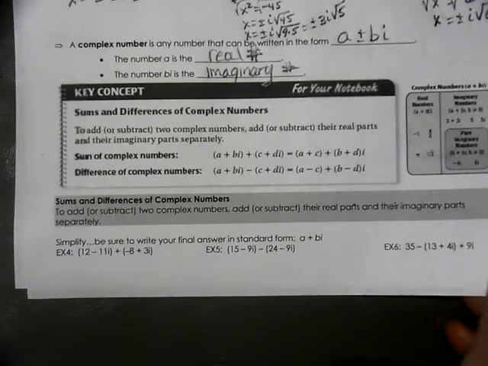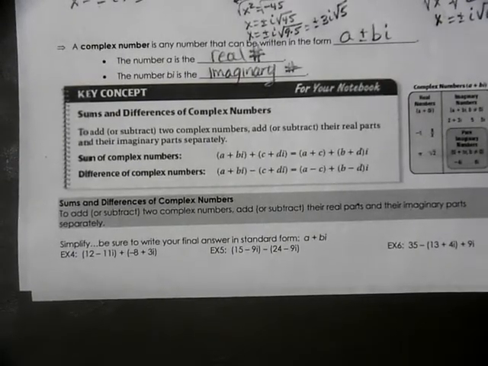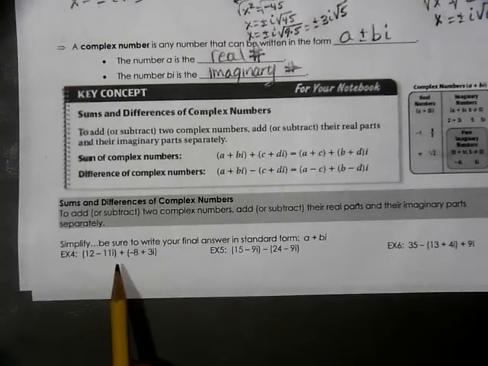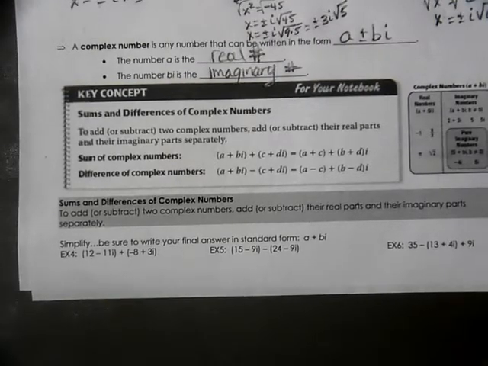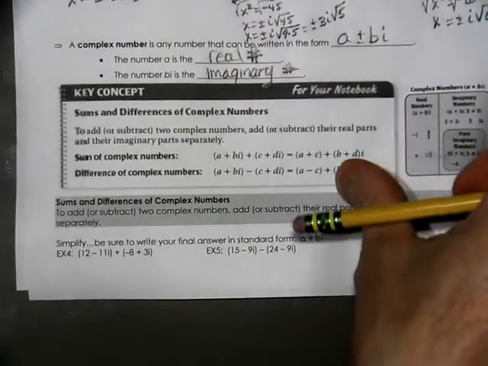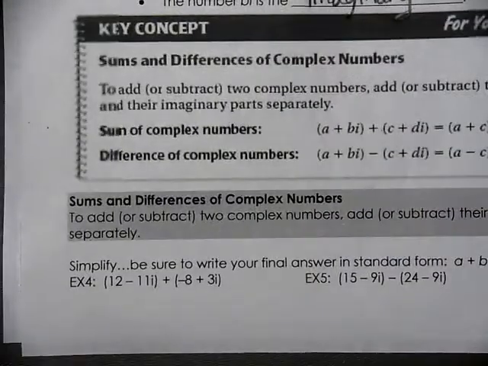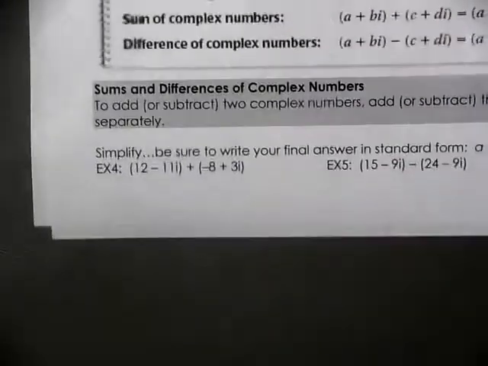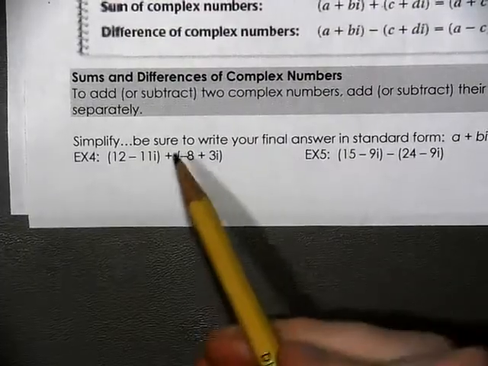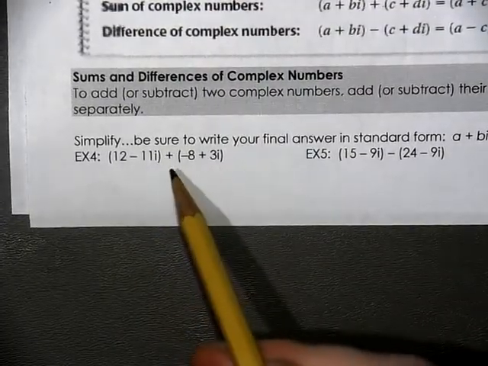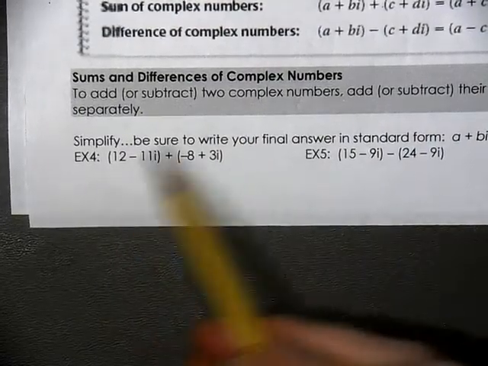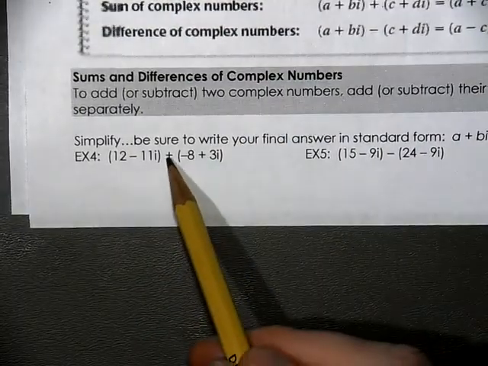Well, we're going to do a couple different things with complex numbers. We're going to add and subtract them, then we're going to do some multiplying. But here, one of the biggest mistakes, I can't say this enough, people are going to FOIL when you're not supposed to. Just because you see parentheses, you're going to think FOIL and start to do craziness.